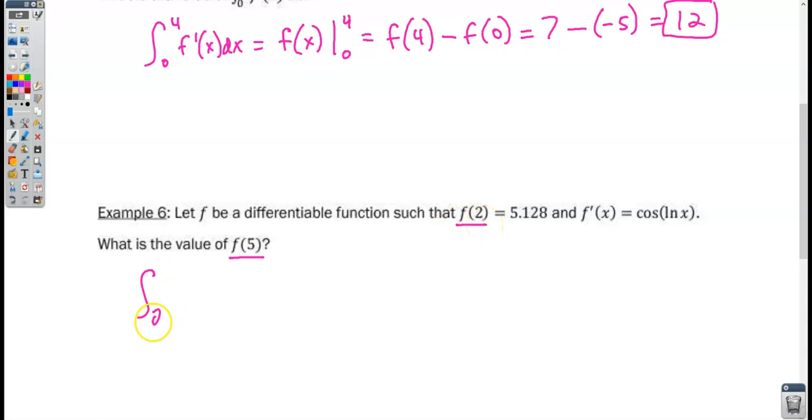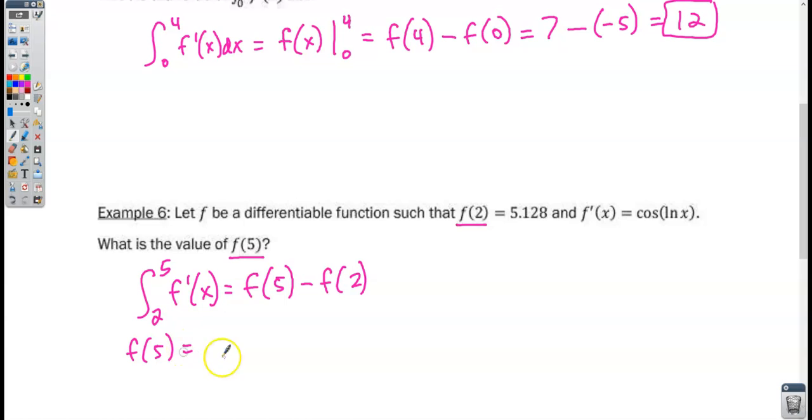The relationship that we know is that the integral from 2 to 5 of f prime of x is equal to f of 5 minus f of 2. We're trying to find the value of f of 5. So if I isolate f of 5 by itself, this is equal to f of 2 plus the integral from 2 to 5 of f prime of x. I need my dx in there.